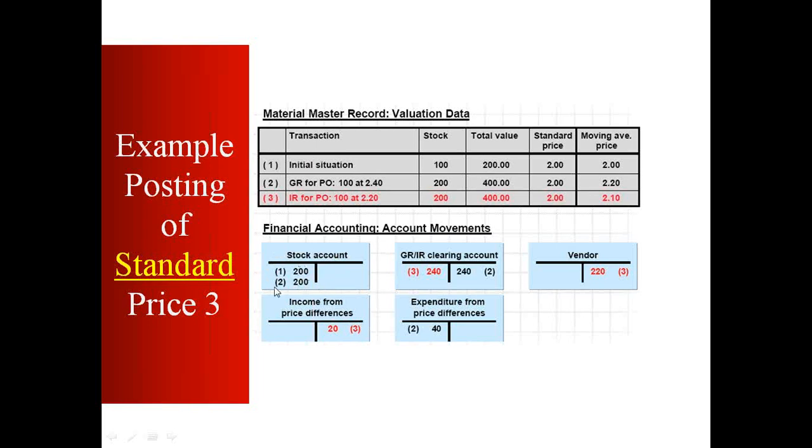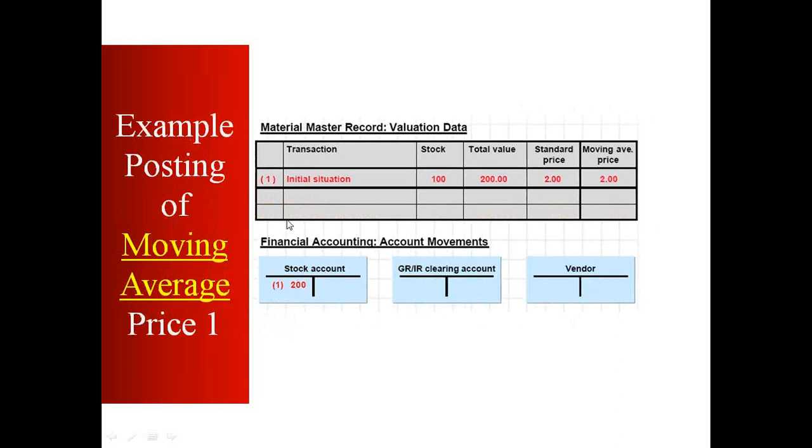Now if you want to see the same scenario with the moving average price, let's start from the beginning. This material is maintained with the moving average price, which means we don't care about the standard price. We have V, moving average price, with 100 pieces of stock, and 200 is the value of the stock account.